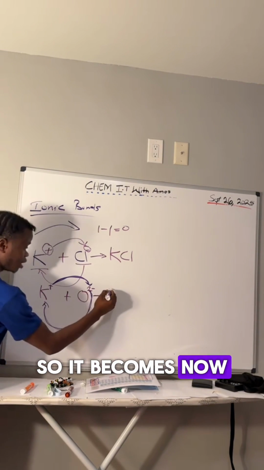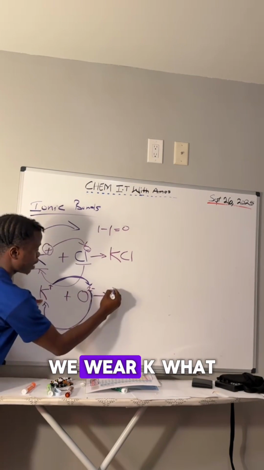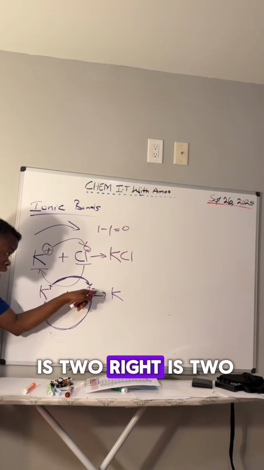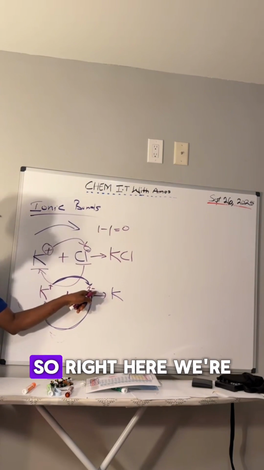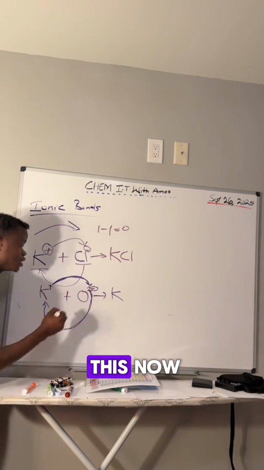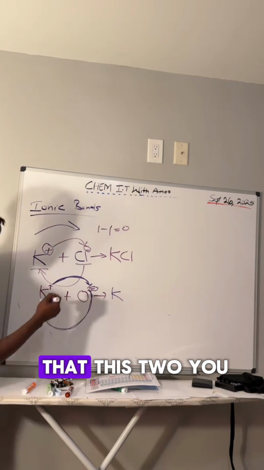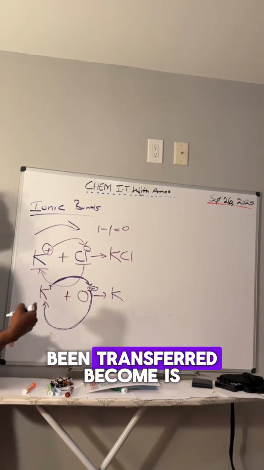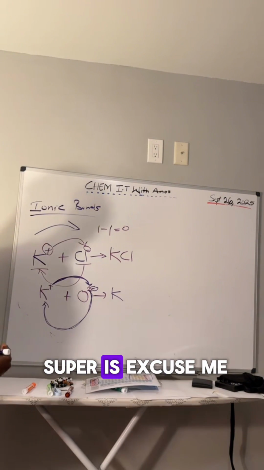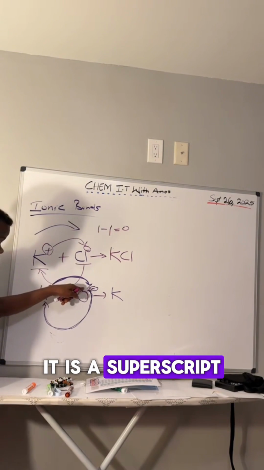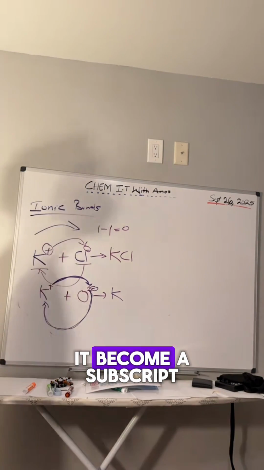So K is first, so we write K. What O gives to K is 2, right? So right here we denote the charge, the negative charge. This 2 was a superscript, and once it is accepted, it becomes a subscript.